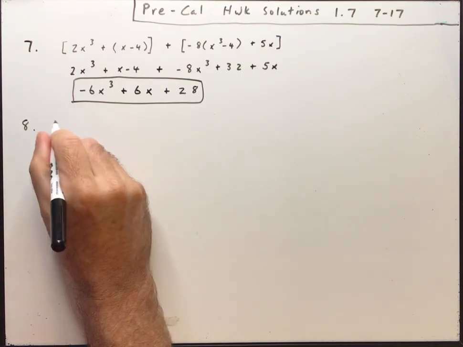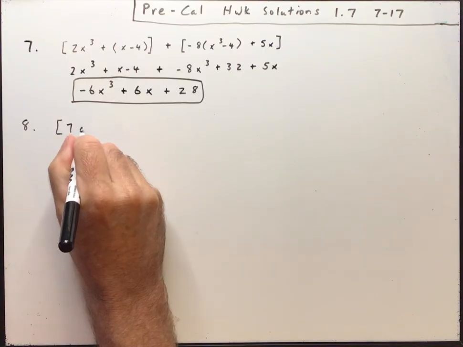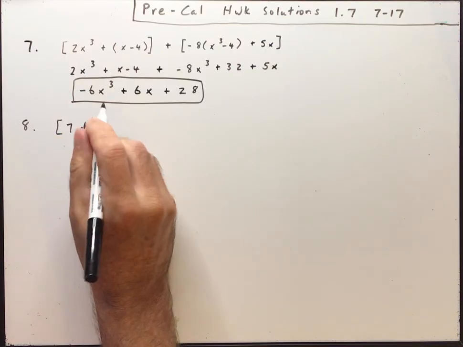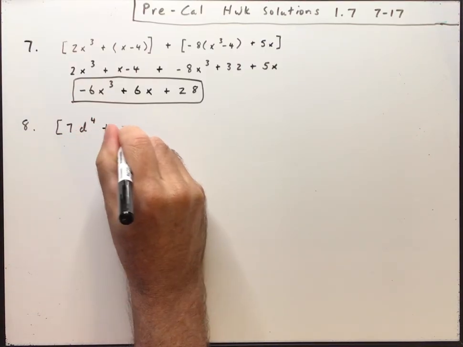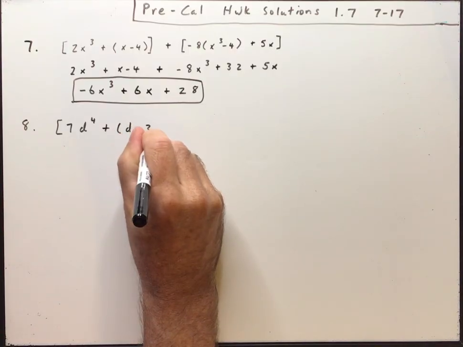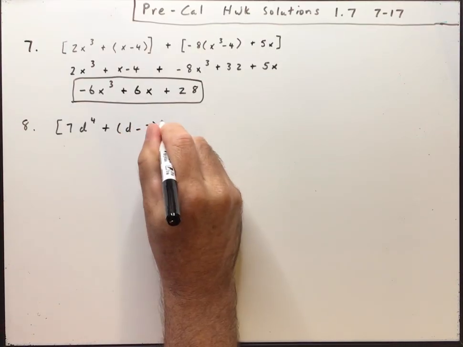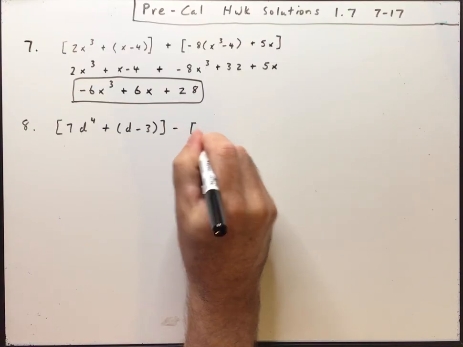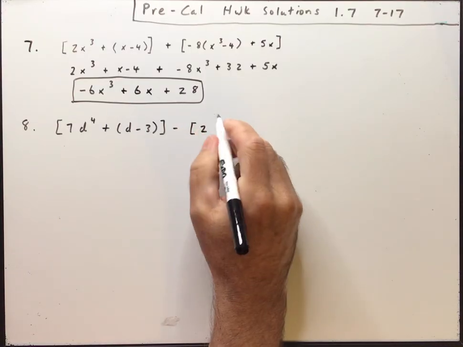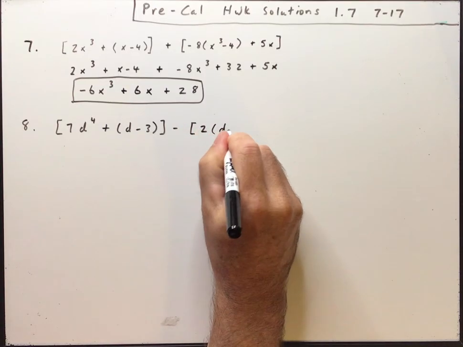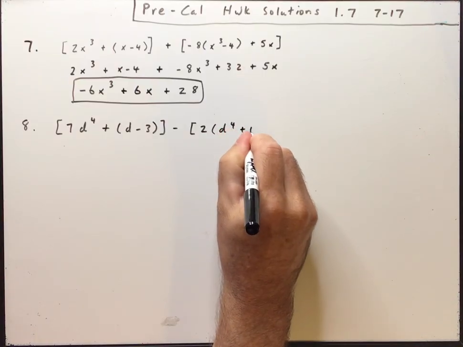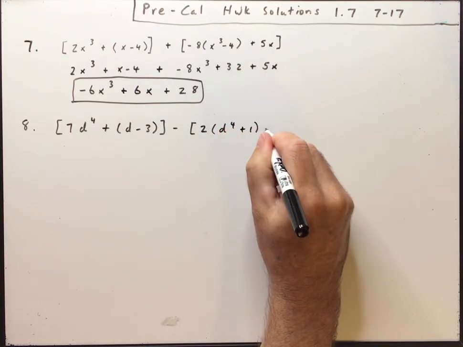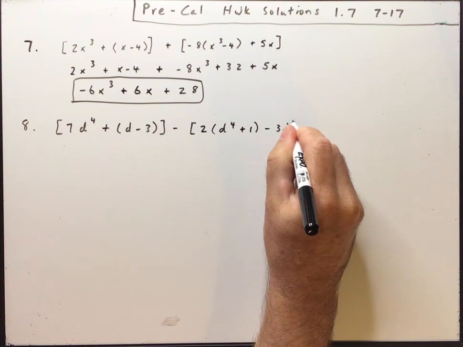All right, number 8, I've got 7d to the 4th plus quantity d minus 3, and then minus 2 times d to the 4th plus 1 minus 3d, and then close the bracket.